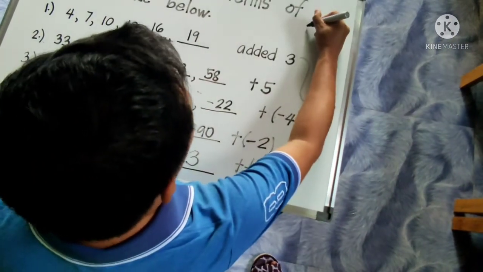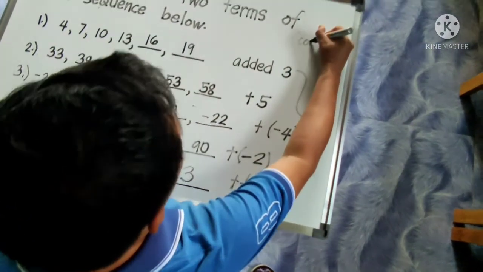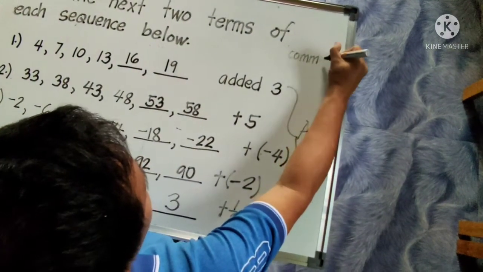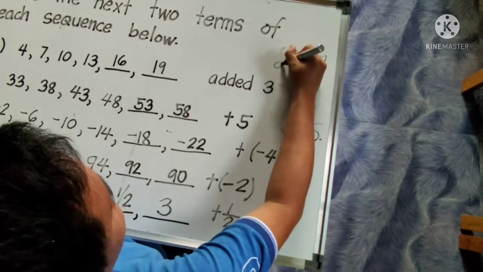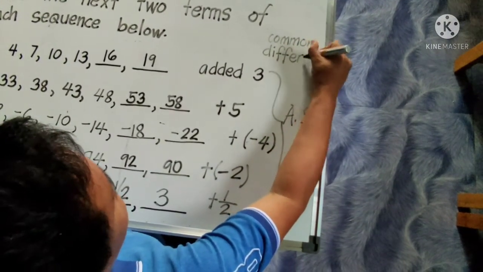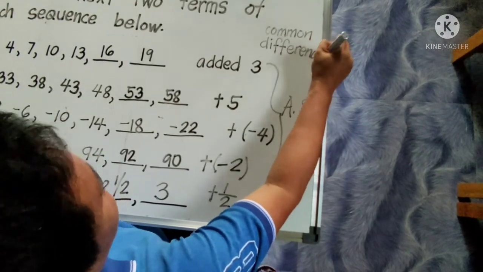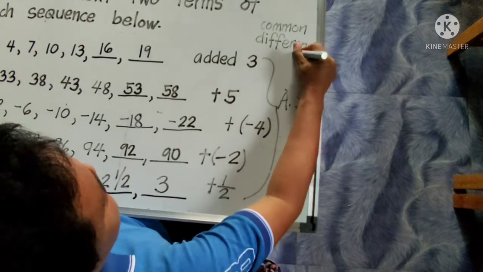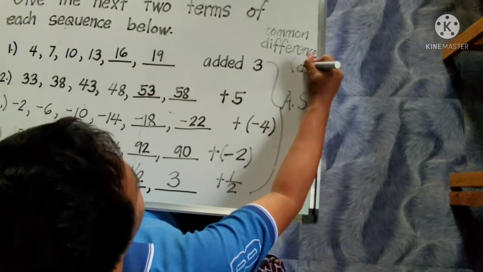So they are what we call common difference. The symbol for common difference is small letter d.